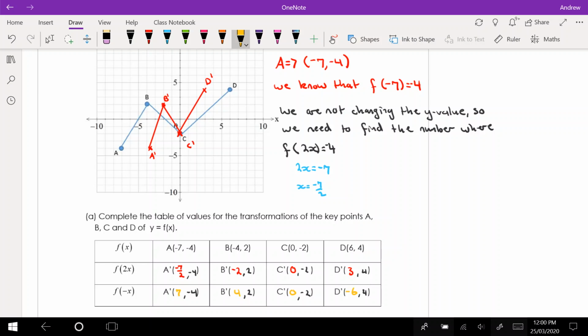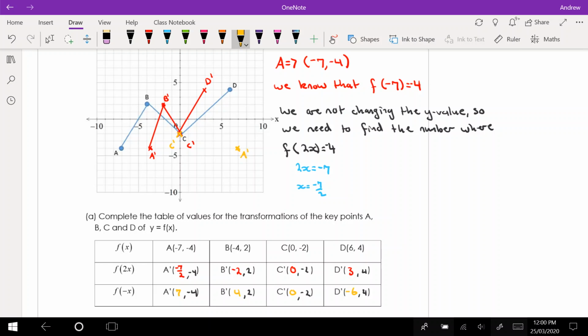Now let's go the other way around. 7, -4. This is now A dash. 4, 2. B dash, that's the new C dash, and then -6, 4, 1, 2, 3, 4.